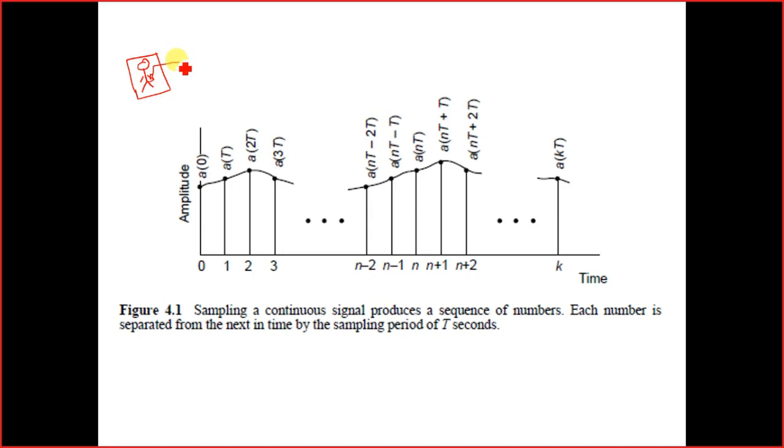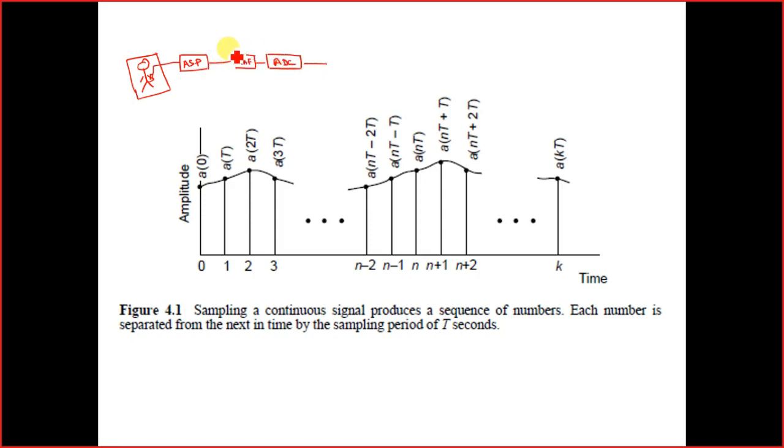Then you have some analog signal processing circuits which will manipulate the signal. Then we will have an anti-aliasing filter. Post this, we'll have the analog to digital converter, and then it will go to the monitor or for digital signal processing.